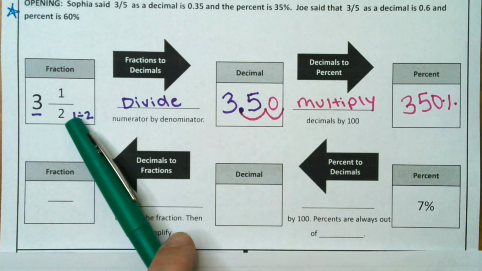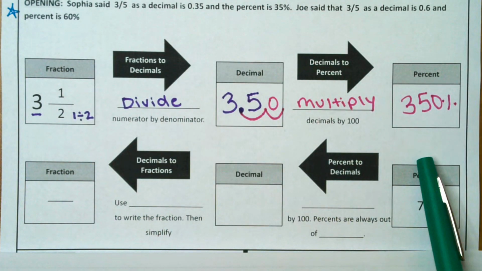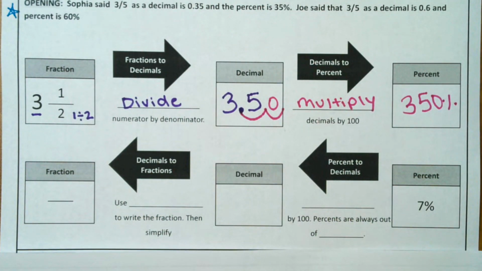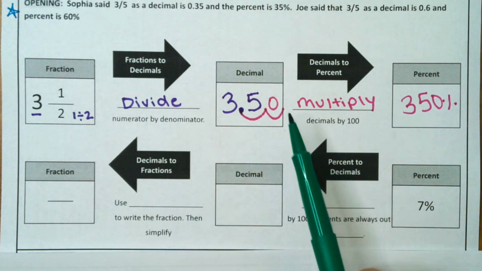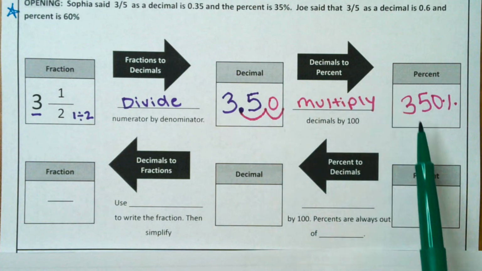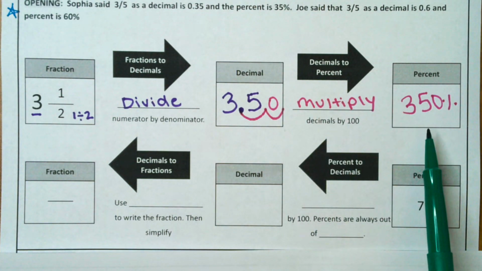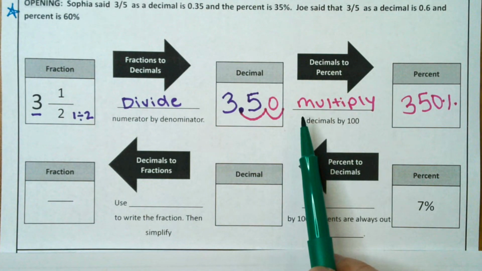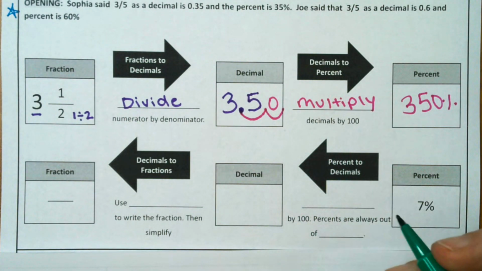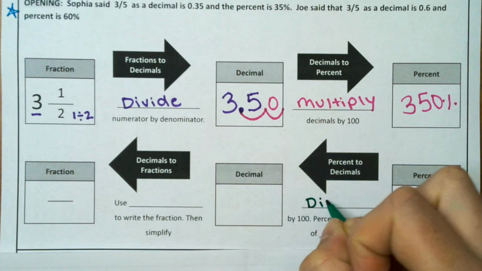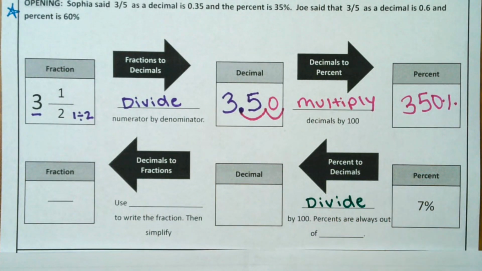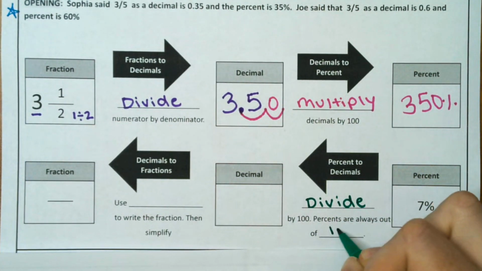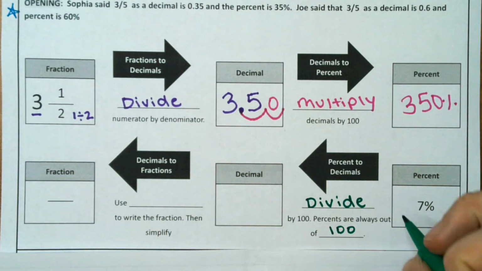Now that we converted this way, we're going to convert in the reverse direction. So now we have 7%. If we needed to multiply our decimal to get our percent, whenever we reverse that, we're going to do the inverse of multiplication, which is division. So we're going to divide our percent by 100 because percents are always out of 100.